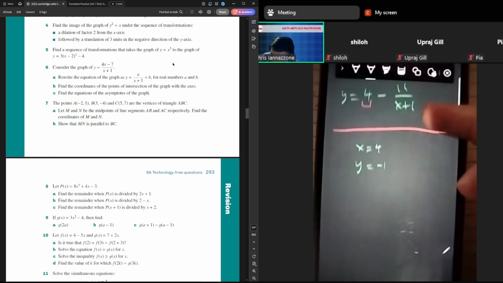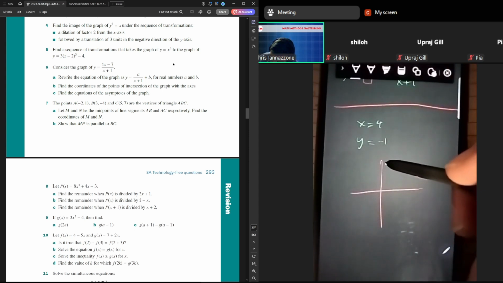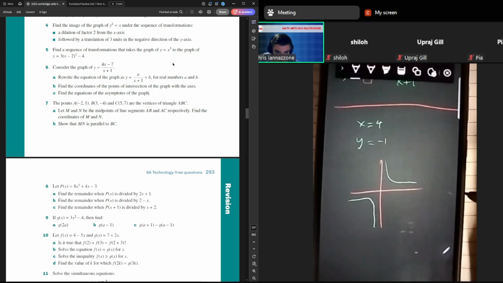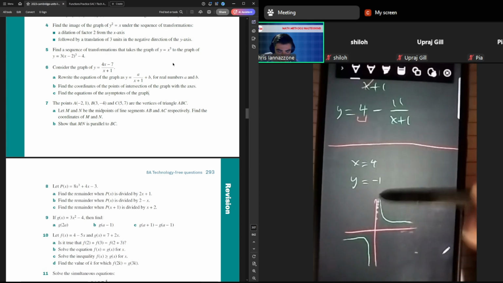I'll start with the actual hyperbola. So your basic hyperbola looks like that. The reason why it has a vertical asymptote at all is because of a divide by 0 error. So basically, whatever causes this to go to 0 will give you a vertical asymptote.